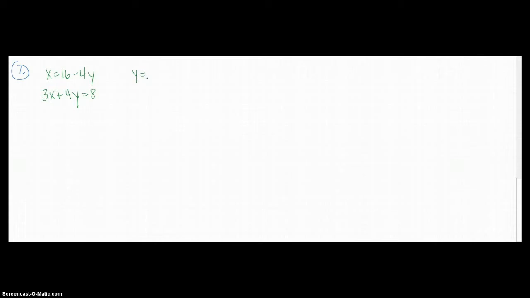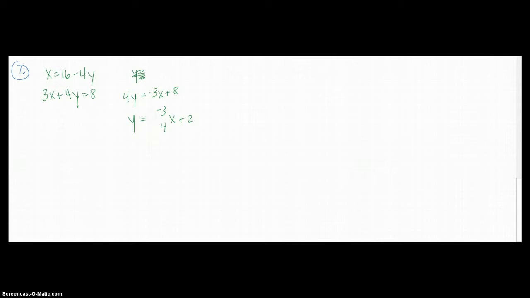Didn't you say y equals something for your first step? Well, yeah, I did 4y equals negative 3x plus 8. But then you'd have to divide by 4, so you would have negative 3 over 4x plus 2.